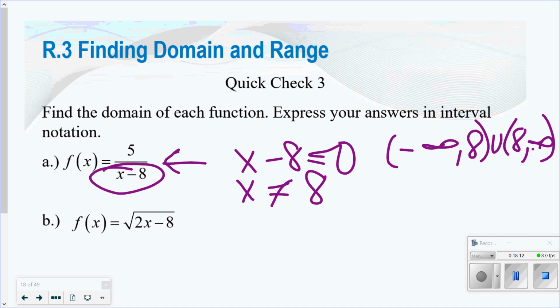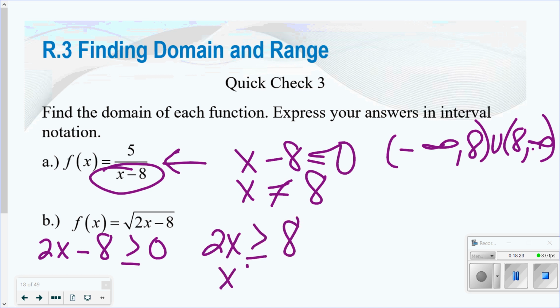Okay, on B, we have 2x minus 8 has to be greater than or equal to 0. 2x has to be greater than or equal to 8, which means x has to be greater than or equal to 4. So this one would go, I can equal 4 this time, 4 to infinity.